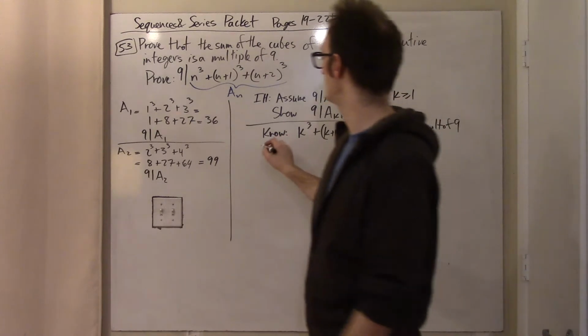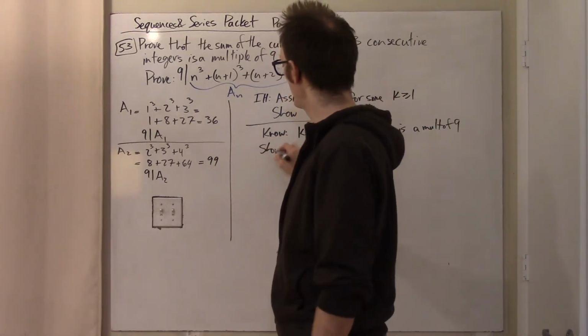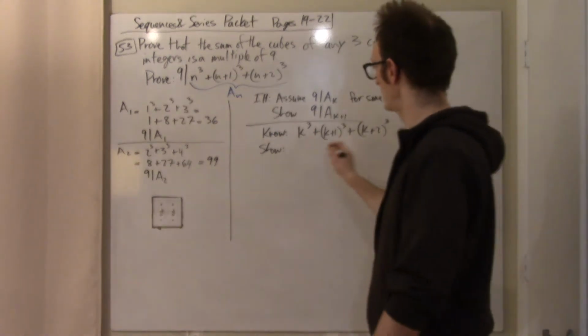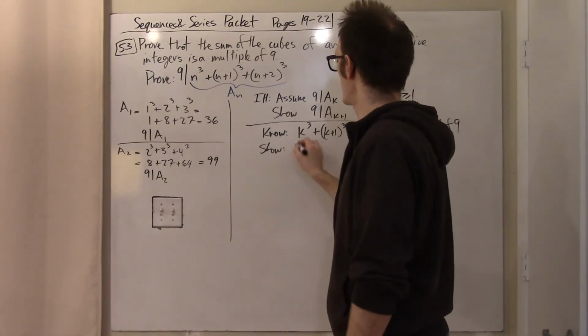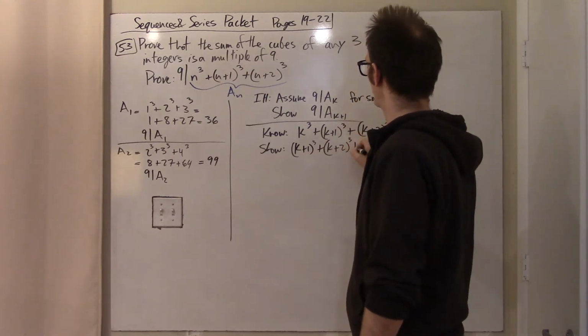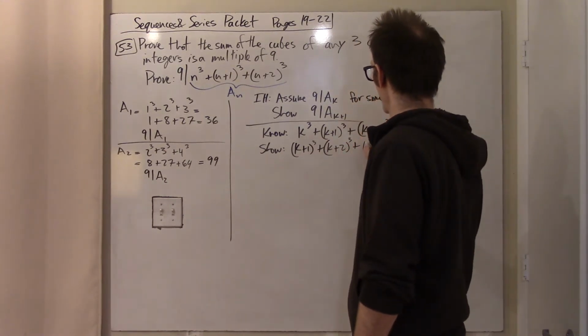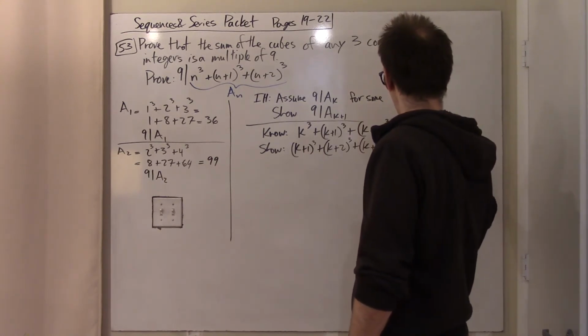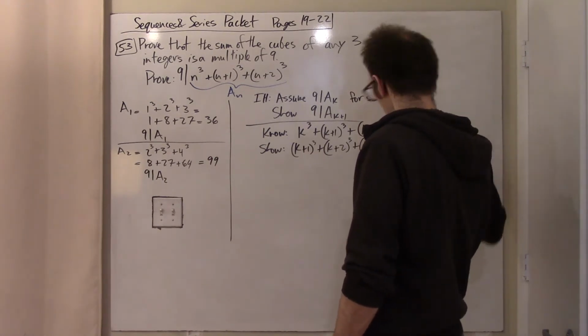And what I need to show is that when this is true, this becomes true of the next number. So that k plus 1 cubed plus k plus 2 cubed plus k plus 3 cubed is a multiple of 9.